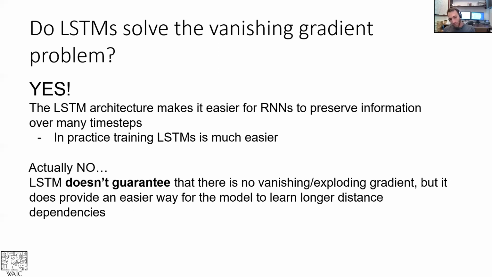So if we think about the problem as being solved by practical use case, then yes, LSTMs solve the problem. But actually, all I said was a simplification, and LSTMs don't really solve the problem of vanishing gradients. When we go to higher and higher sequence lengths, we will still encounter this problem. But it does alleviate this problem. It allows the model to learn longer term dependencies than the vanilla RNNs.